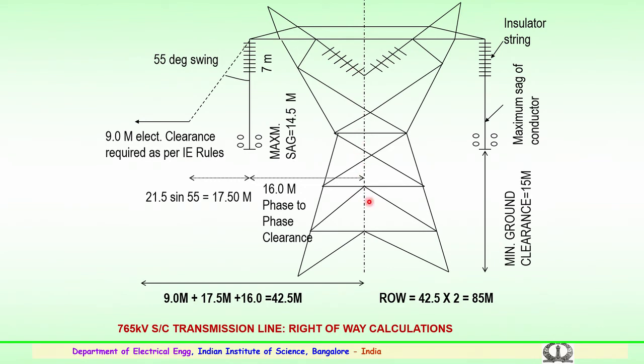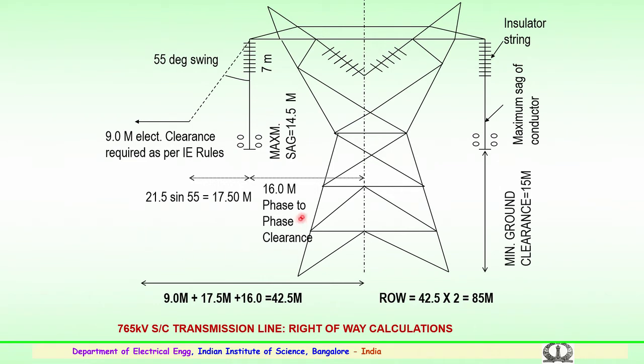So, one side of the right of way is calculated from the midpoint to the insulator string, which is 16 meters, and from the midpoint to the swing plus the electrical clearances, this gives 17.5 meters. So, 17.5 meters plus 16 and 9 meter electrical clearances.